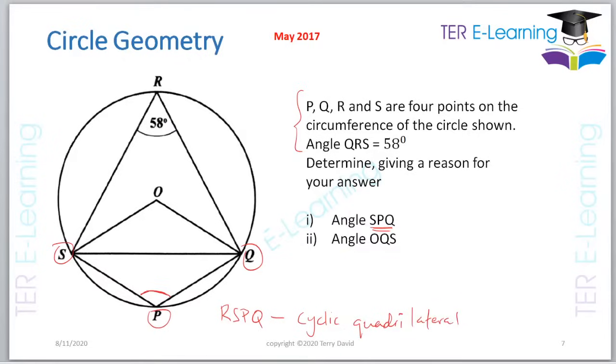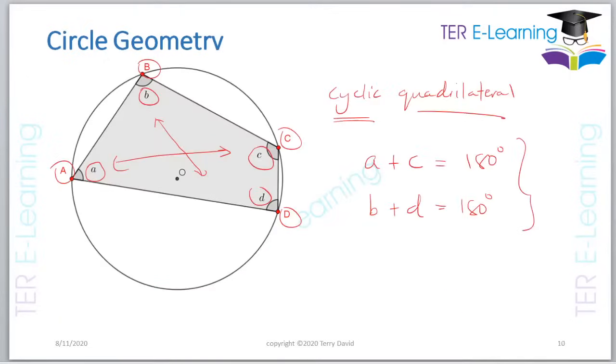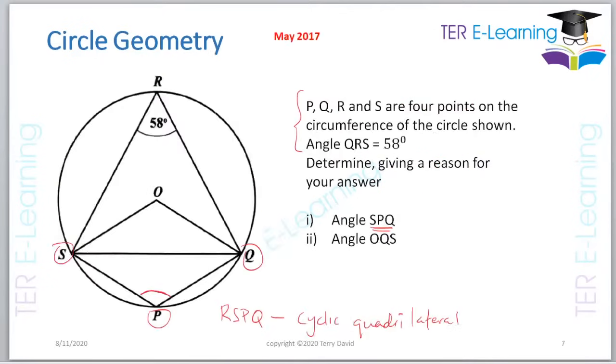So I just gave you a rule, right? Just a reminder from what we did last week. We spoke about the opposite angles in a cyclic quadrilateral. They are supplementary, meaning that they add up to 180 degrees. That's one of the rules. So if we go back to the diagram, this angle here, which is 58, plus this angle that we're trying to find here, must add up to 180.